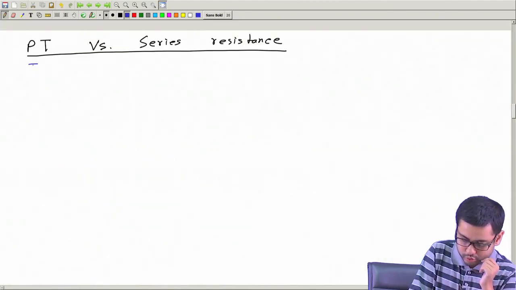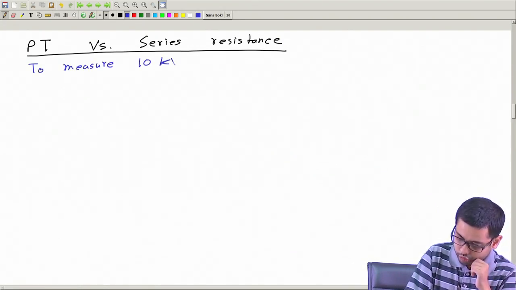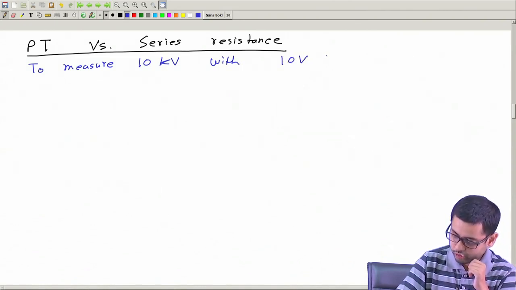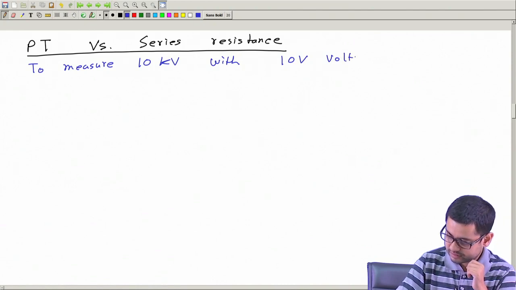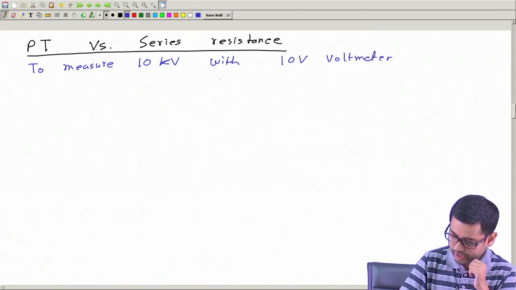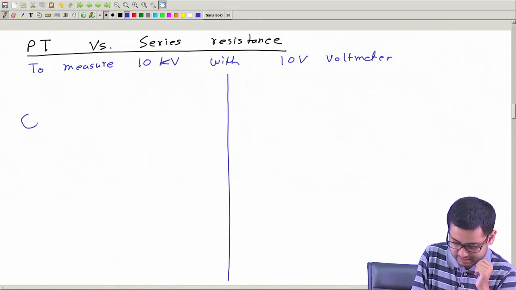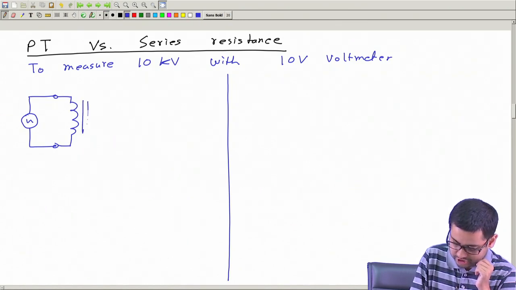So, to measure 10 kilovolt with a 10 volt voltmeter, we have two choices. One is use a potential transformer, a step down transformer, and then this voltmeter.